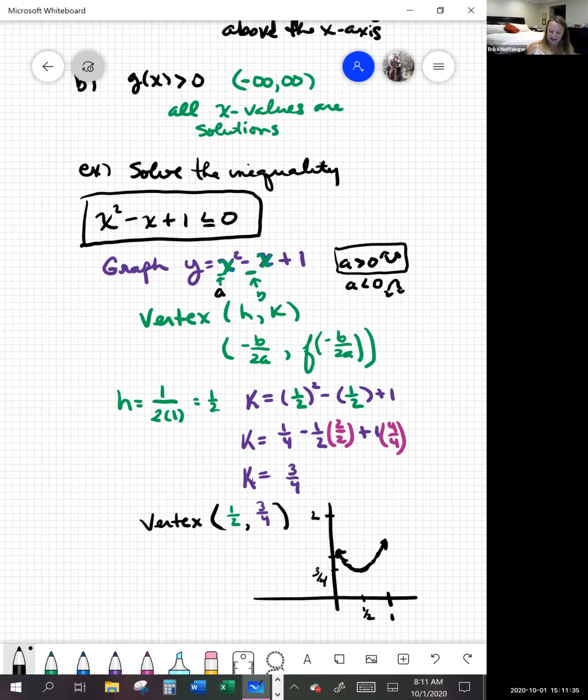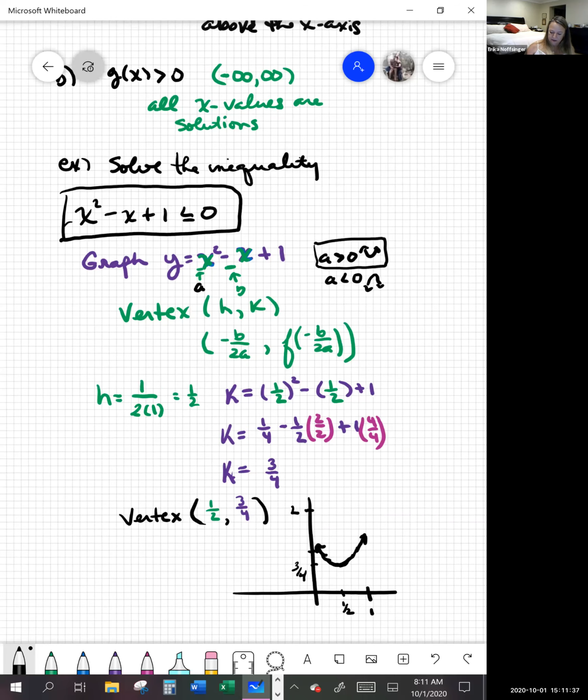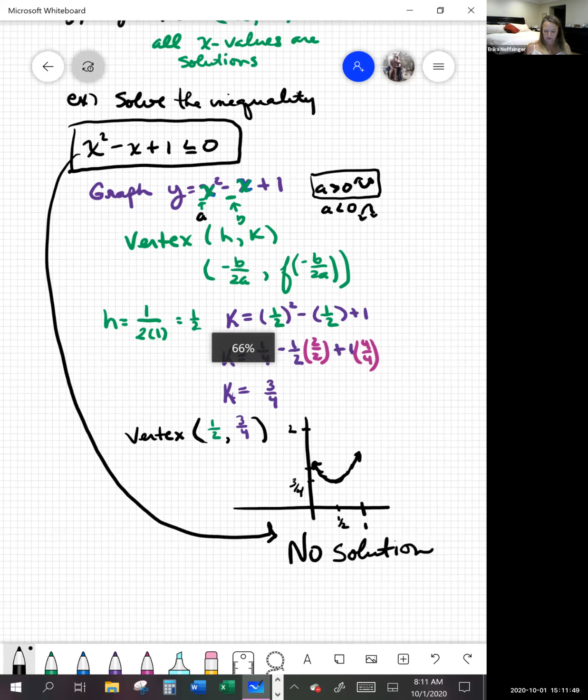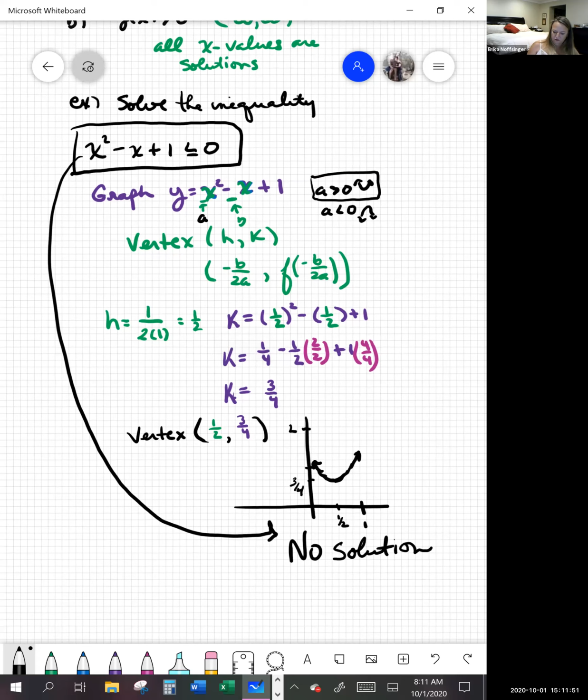So in this case, there's no solution. Okay, so you're just using the tools that you found from graphing last week.